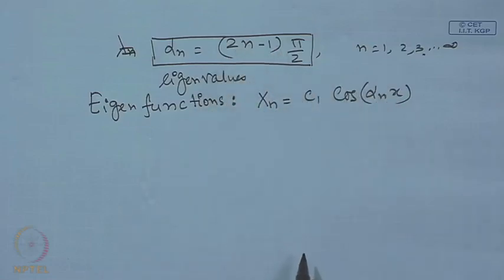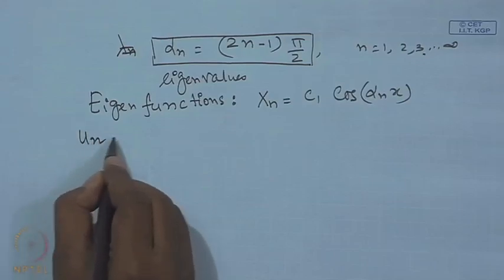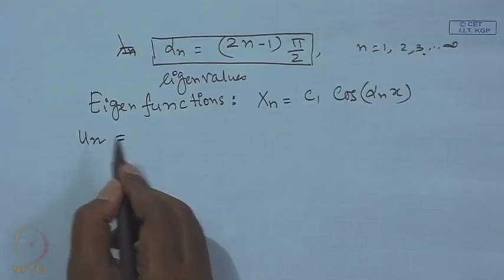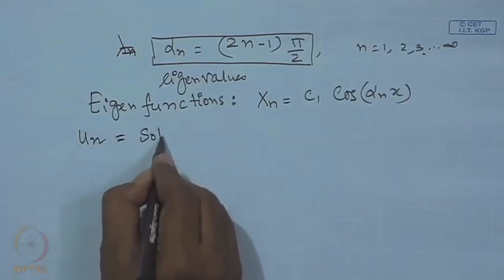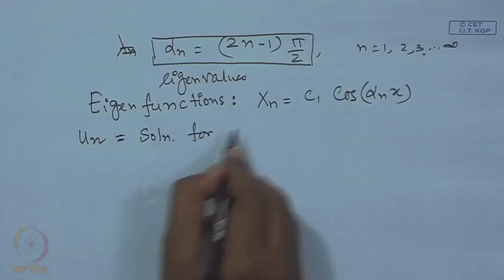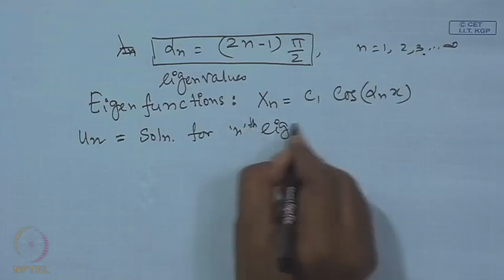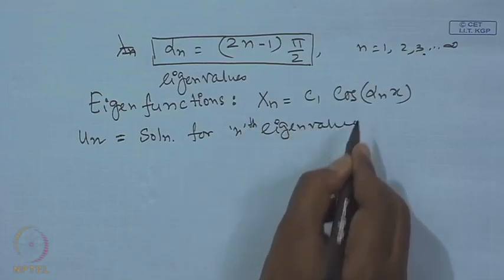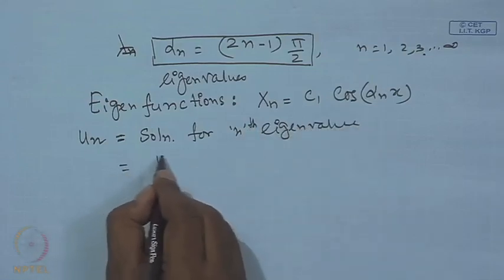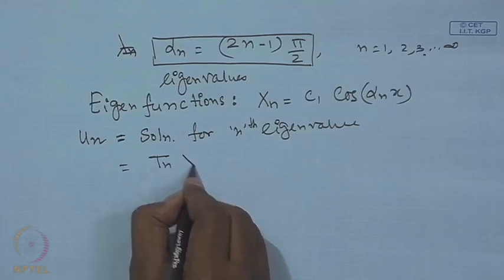Okay. So, we construct the u n, the solution for the nth eigenvalue and eigenfunction. So, this will be nothing but T n multiplied by X n.